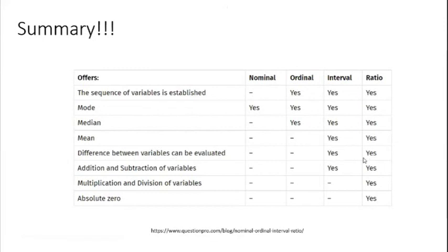Yes, for interval and ratio, not for nominal and ordinal. Addition and subtraction are not allowed for those two, but yes for the other two. Multiplication and division, yes for ratio, but not for the other three. Is there an absolute zero? Yes, but not in the other three levels of measurement.